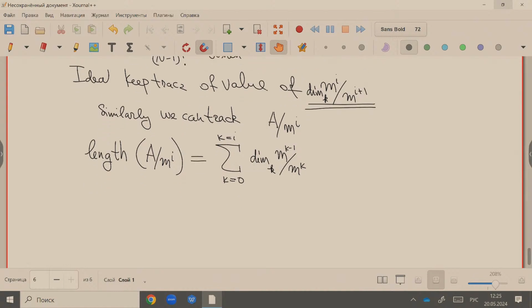So suppose you have m is some module over A, and M is a maximal ideal.